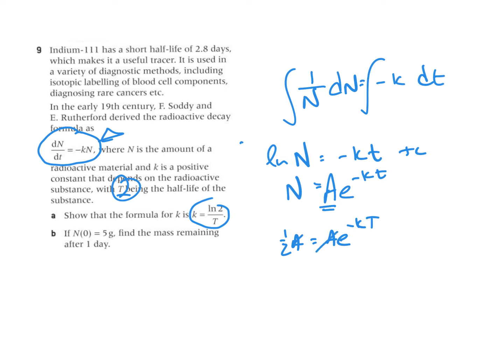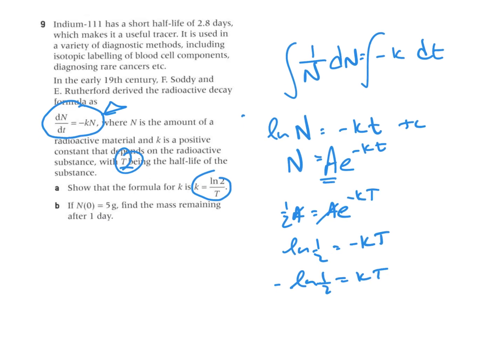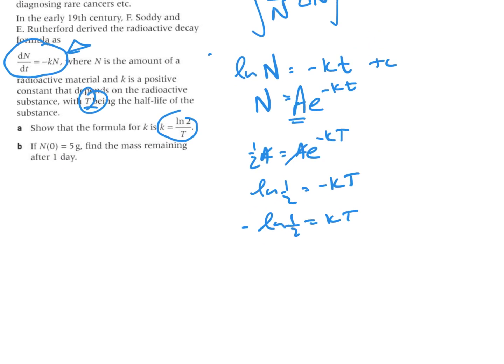I divide by A, and then I take the natural logarithm, I get ln 1/2 is equal to negative kT. If I divide by the negative, I get negative ln 1/2 is equal to kT. Using my exponent rules, I can put the negative 1 up here, and so it's ln 2 is equal to kT. And so k is equal to the natural logarithm of 2 over T.